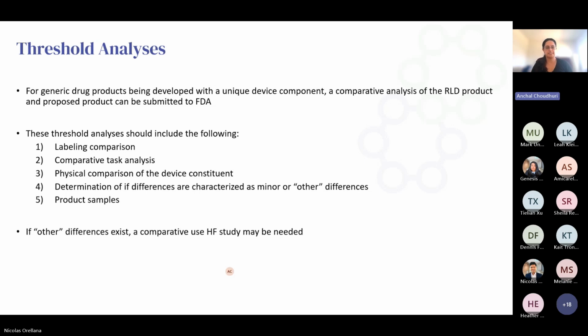If there are other differences that exist, a comparative use human factor study may be needed, where you do a study with the intended user groups, and have them use both the RLD and the proposed product and see if there's any differences in the ability of subjects to use the two products, if there's any use errors that come up with the proposed product that didn't show up with the RLD.